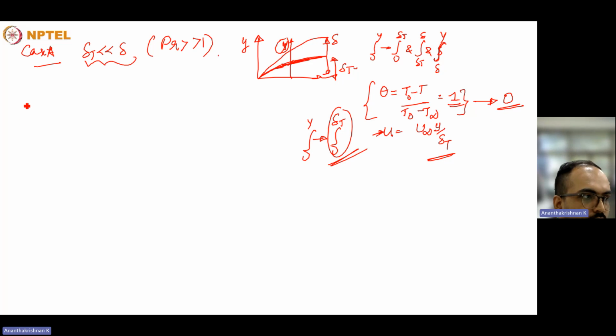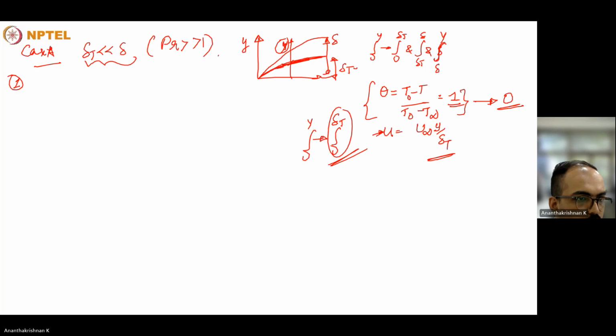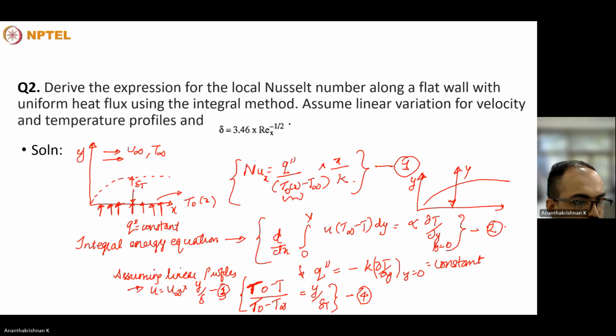And therefore the energy equation 1 becomes energy equation 2.